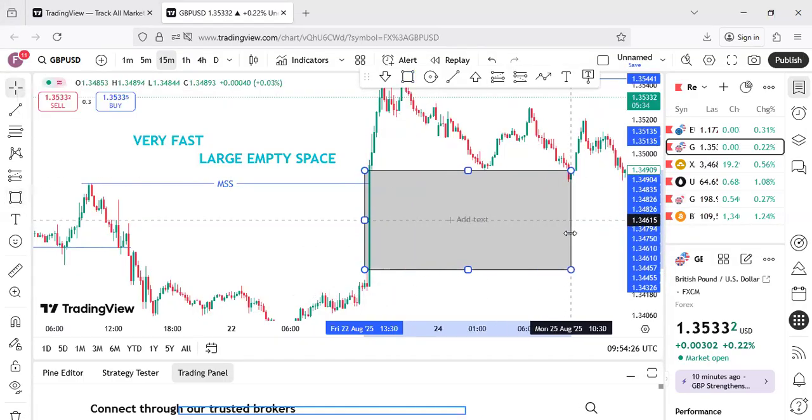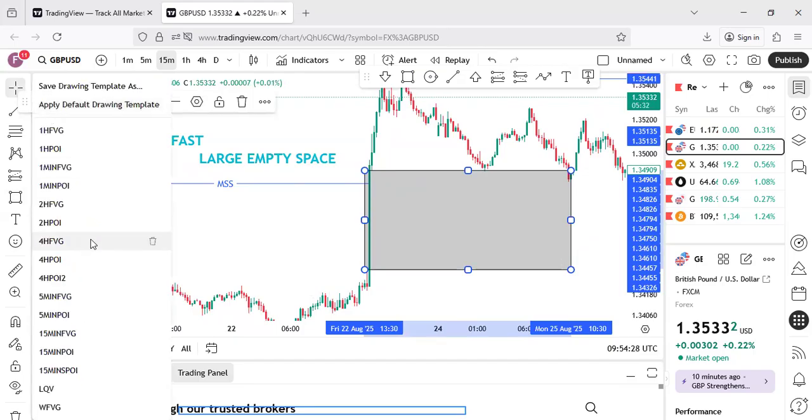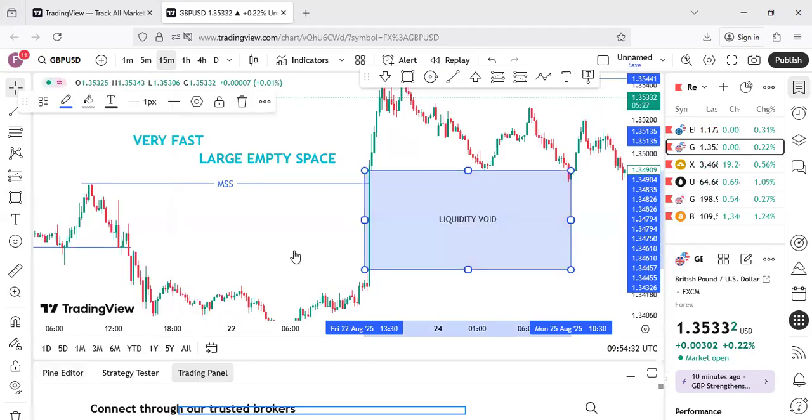Now, this particular zone is what? A liquidity void. Why? Because it's a large empty space. It's not just an empty space, it must be a large one.